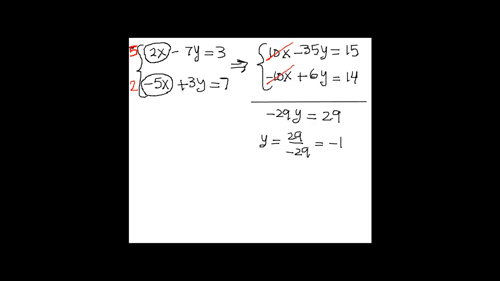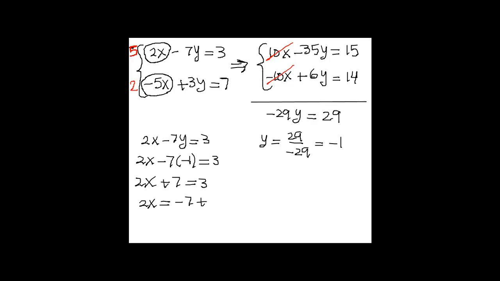So once I get y is equal to minus 1 here, I can go ahead and solve for x. Now I can substitute that into either of those two equations. I'll substitute into the first equation. It doesn't matter which one. I would let y be equal to minus 1, and then I get to solve for x. That would be plus 7 equal to 3. And then we get 2x is equal to negative 7 plus 3.